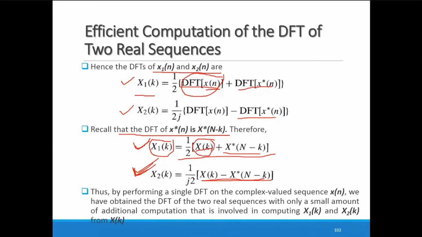First we calculate X(k), and then from the same X(k) we get X*(N minus k). So this is how we are utilizing the DFT algorithm for the computation of two real valued sequences. Okay, all of you clear up to this? Okay, let me take the next point.